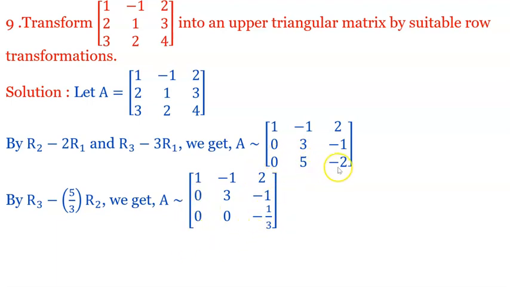Next, minus 2 minus 1 into minus 5 by 3. That minus and minus will become plus. That is minus 2 plus 5 by 3. Then you will get minus 1 by 3. And hence this is an upper triangular matrix.